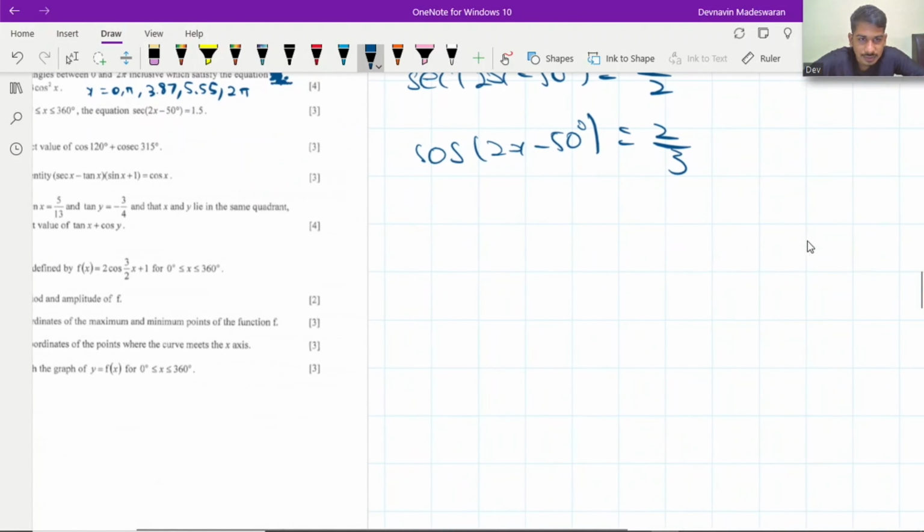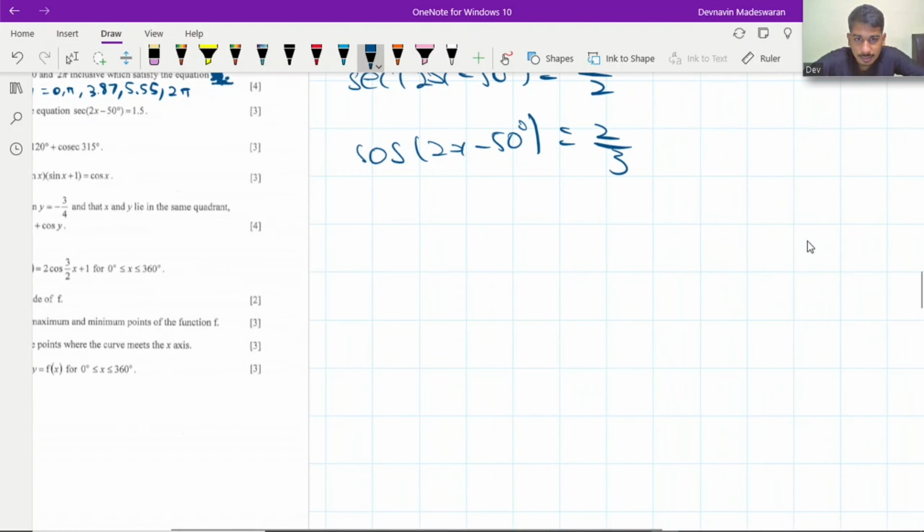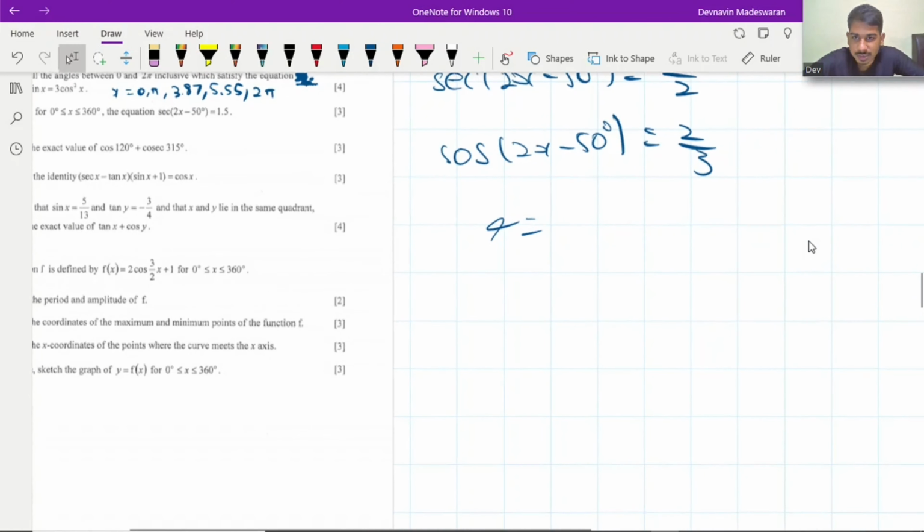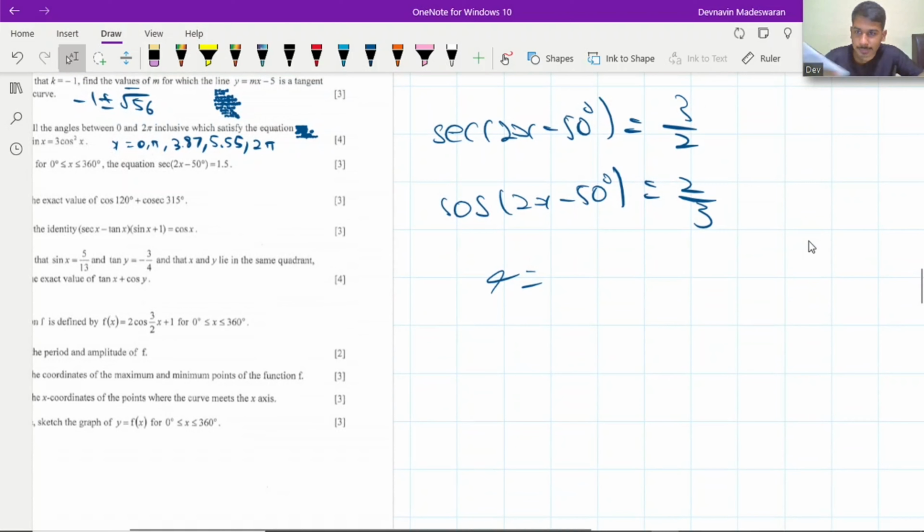So let's try the basic angle first. Basic angle is going to be cos inverse of 2 over 3.